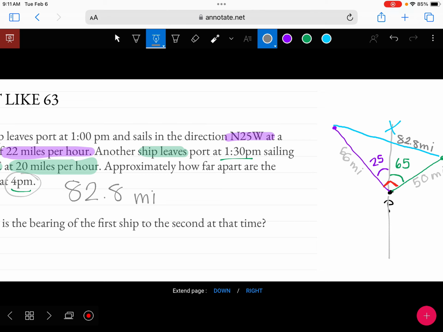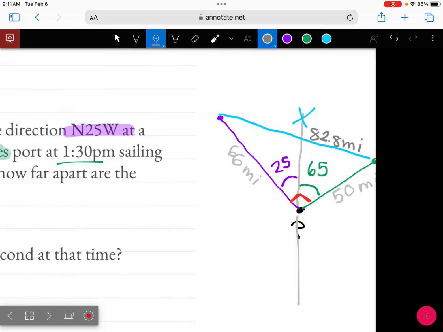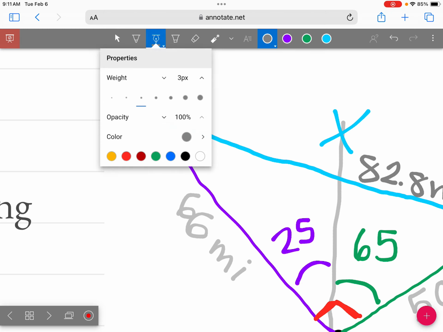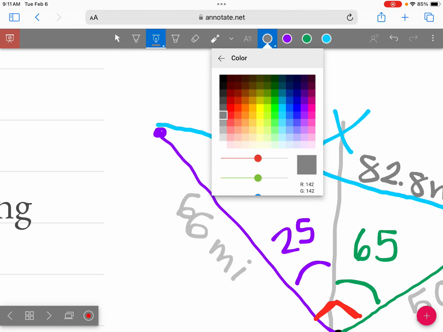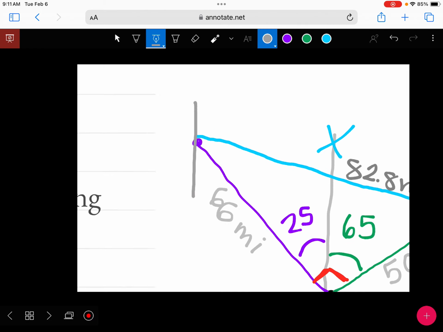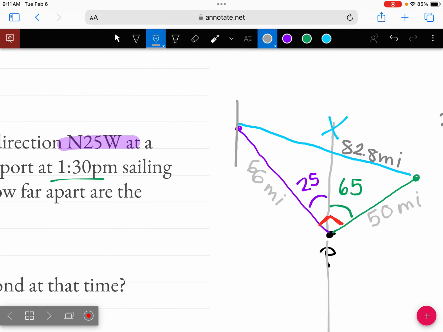Thus why I wanted to do one of these together, because they asked a whole other question here. Now what they want is for us to come over here to this purple ship and find the bearing to the other ship. So we want to figure out if the purple ship needed to head directly over to the green ship, what bearing would they turn?